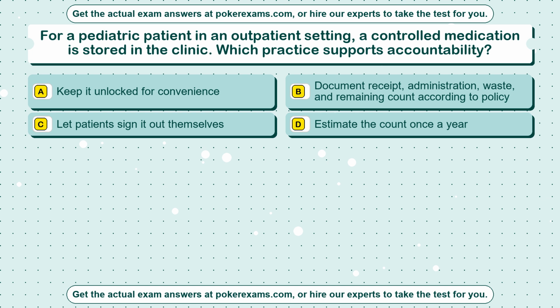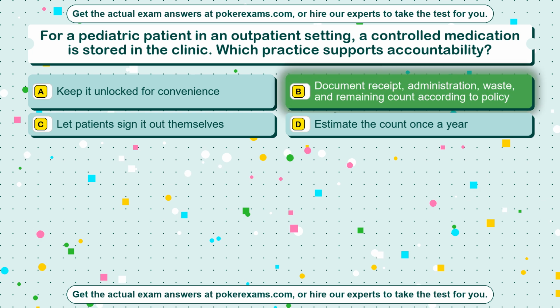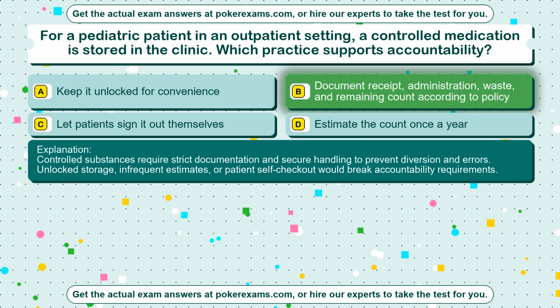Option D, estimate the count once a year. The correct answer is option B, document receipt, administration, waste, and remaining count according to policy. Controlled substances require strict documentation and secure handling to prevent diversion and errors. Unlocked storage, infrequent estimates, or patient self-checkout would break accountability requirements.